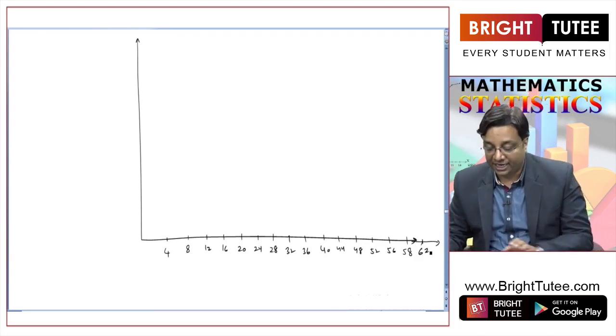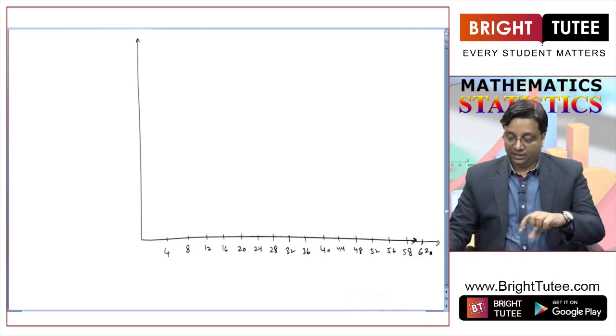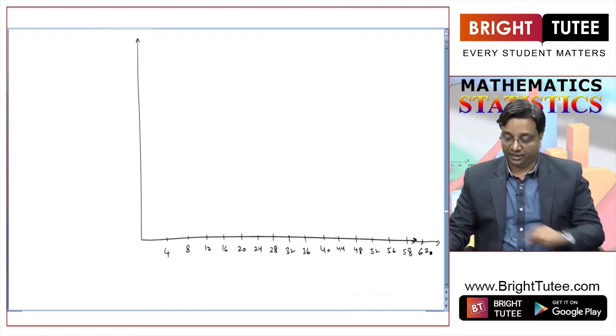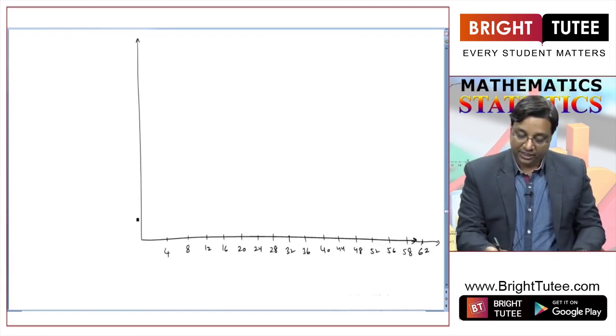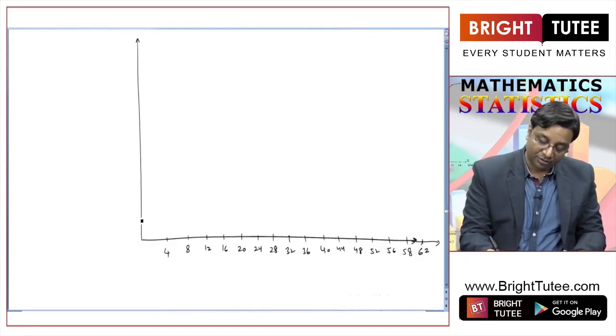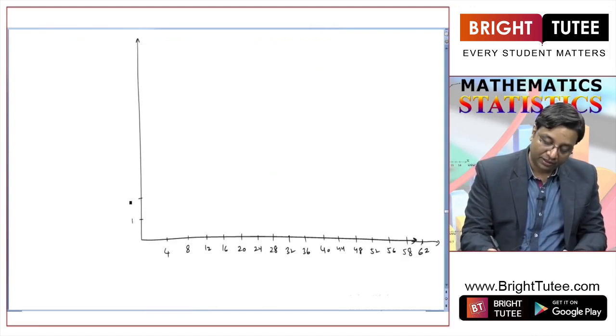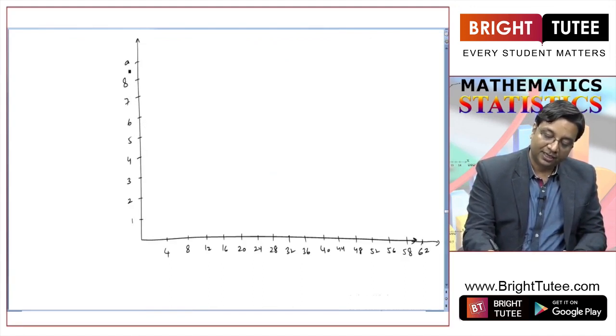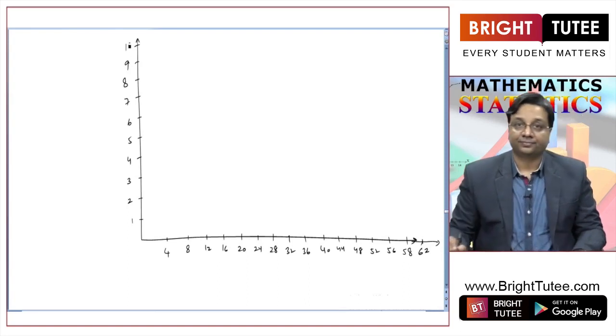Right? So I have taken gaps of 4 as my scale on the horizontal axis. Now on the vertical axis, I will require these runs, right? And the maximum I require is 10, minimum is 1. So let me take a suitable scale, 1 to 10. 1, 2, 3, 4, 5, 6, 7, 8, 9, and then 10.